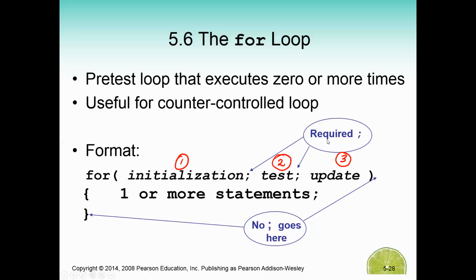We start with the keyword for, and everything is going to be within parentheses. So we're going to have three statements here: the initialization, the question, and then the update. They are all related. If I use a variable in the initialization, that is the variable that I'm going to be using in the test, and that is the variable that I'm going to be updating.